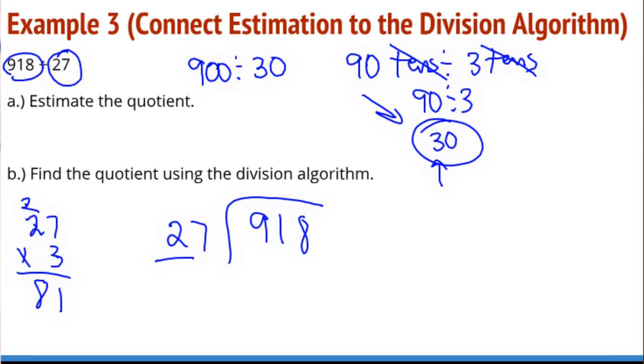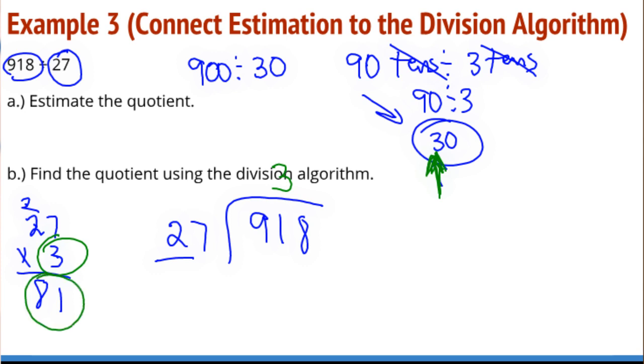Now that 81, well, let me back up for a second. Where do I place the 3 in my quotient? Well, I estimated this as being in the tens place. It's 3 tens, so I'm going to put the 3 in the tens place in the quotient.